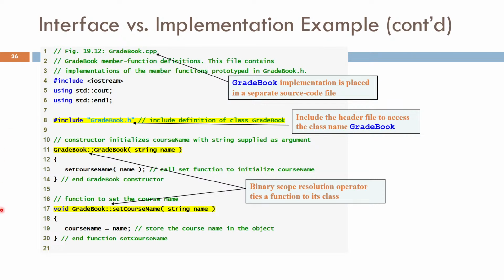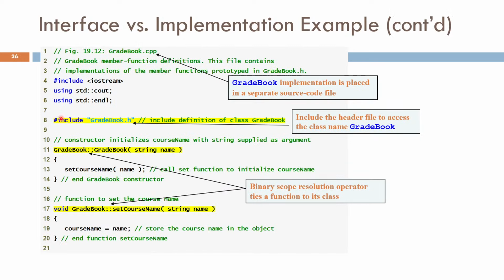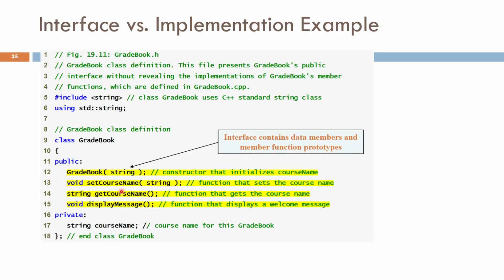Because we include gradebook.h here, this include basically acts as a placeholder, and it virtually copies all the lines inside this file and puts them right here so it knows to access it. And then when we have to define how each one of our class member functions or class methods operate, we're going to call it GradeBook, being our class here.